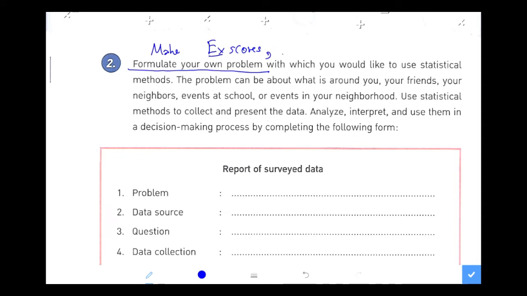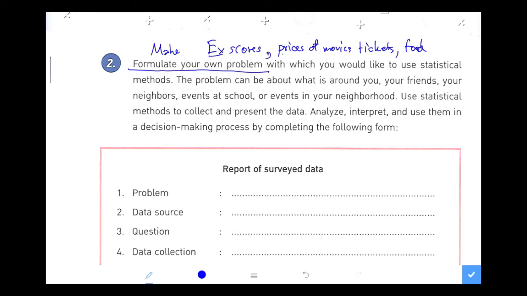Maybe you want to think about the prices of movie tickets. Okay, movie tickets. And then maybe what else? You can just think of it. Maybe food. Yeah, the price of food at your school, when you go to the canteen, you can just look.